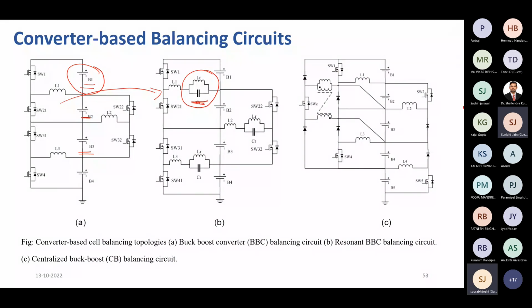The third one is a centralized balancing circuit. In that centralized balancing method, the center one is charged and is the source cell, and B1, B2, B3, 4, and 5 will be the target cells. Accordingly, depending upon the sensed voltages, we will be charging and discharging the other cells.